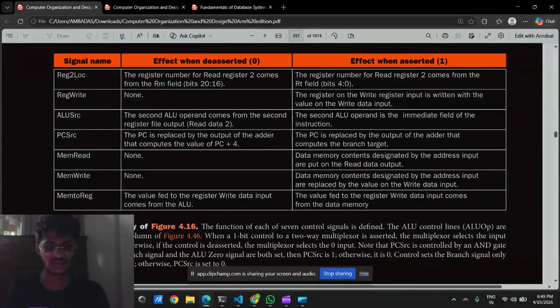Yeah, it's just a copy of figure 4.16 that was previously given.